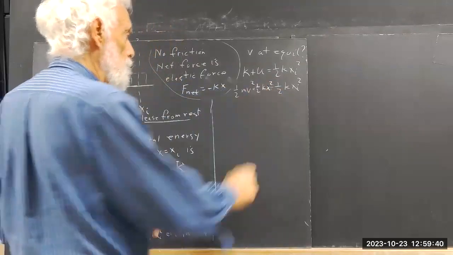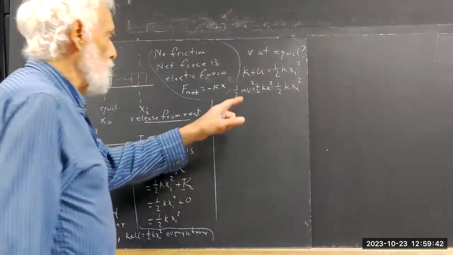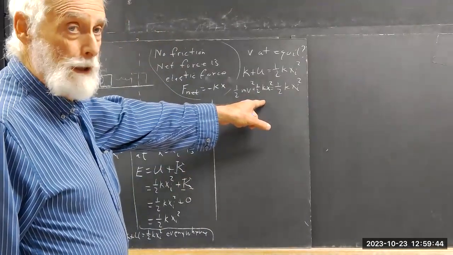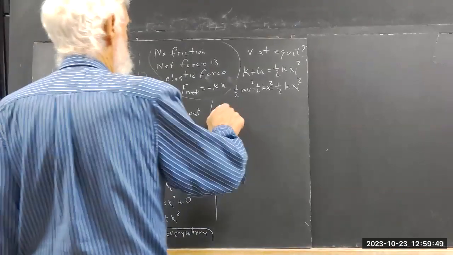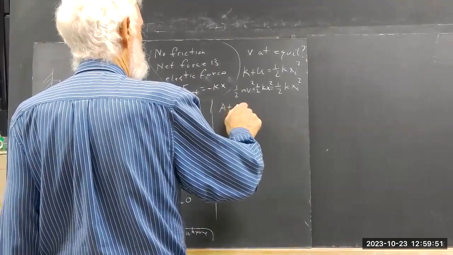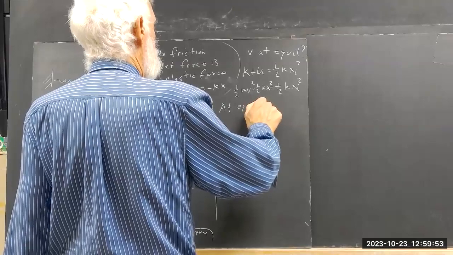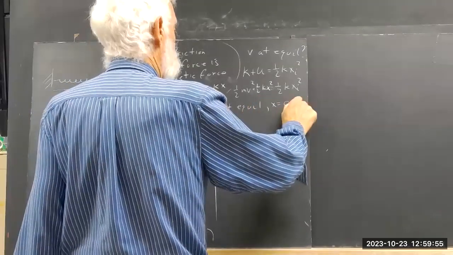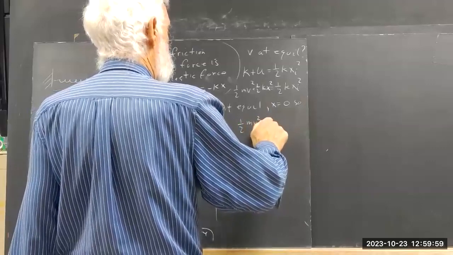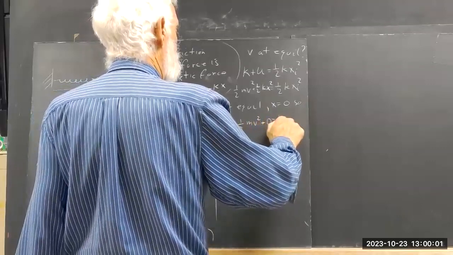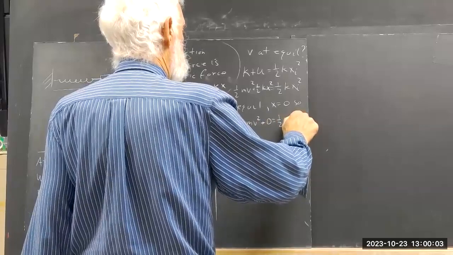They must have a lot of room, but I squeezed it in. 1/2 mv squared plus 1/2 kx squared, right? At equilibrium, x equals 0. So 1/2 mv squared plus 0 equals 1/2 kxi squared.